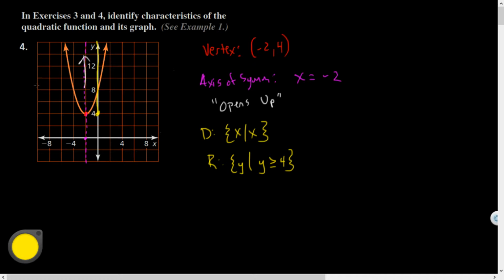You could also say that it's decreasing for values of x less than -2, and it's increasing for values of x greater than -2. But I don't know if they wanted us to say that. Decreasing when x is less than -2, and increasing when x is greater than that -2, right? -2 being this x coordinate as well as the axis of symmetry.